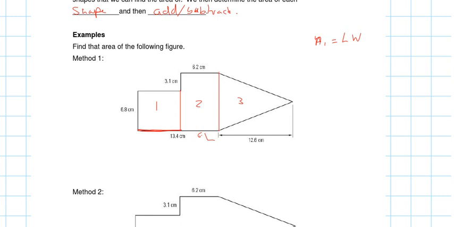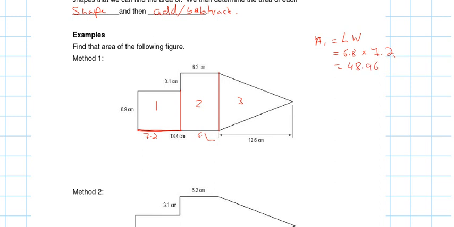So my length is 7.2 and my width is 6.8, so the area of the first part is 6.8 times 7.2. I'm just going to leave my answers to as many decimal places as I can for now, and then I will round up at the end.